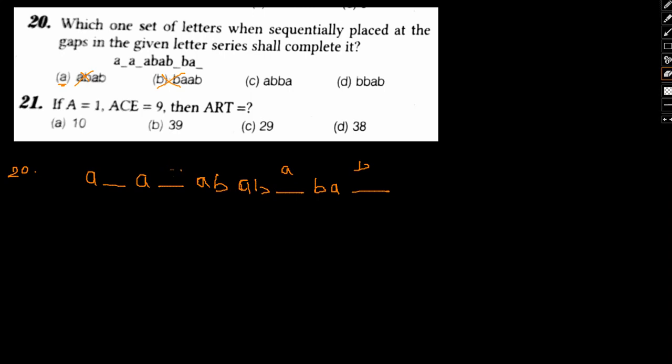We'll move to option C now. We have A B B A. Okay, triple A B A B A B B A B double A. Again, no sense whatsoever. It does not follow any order. So this is also eliminated.